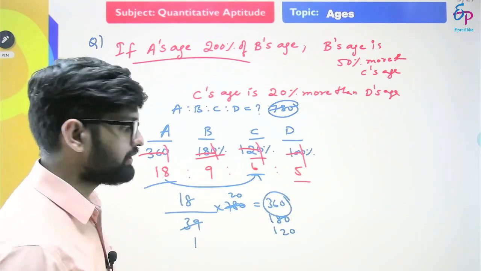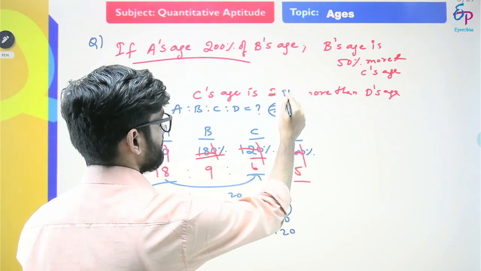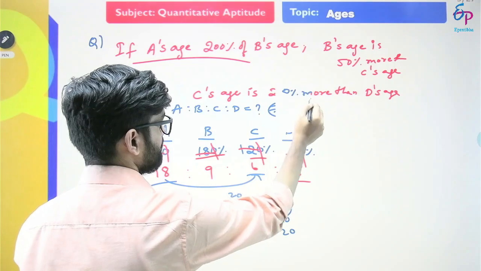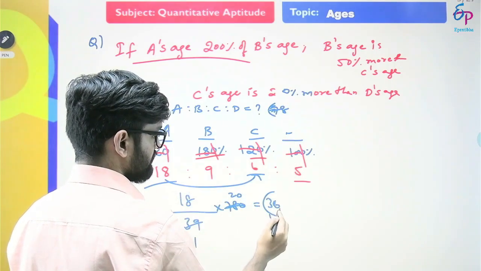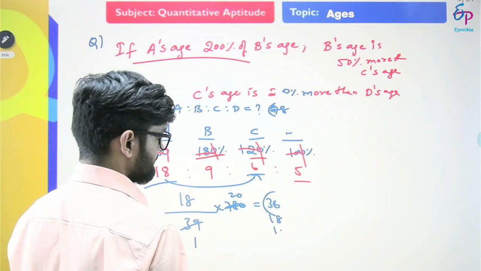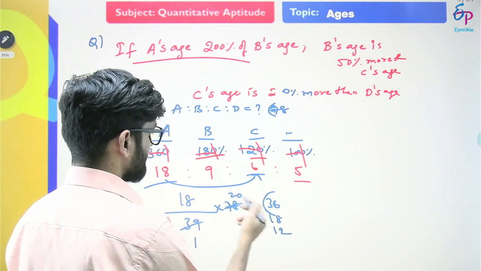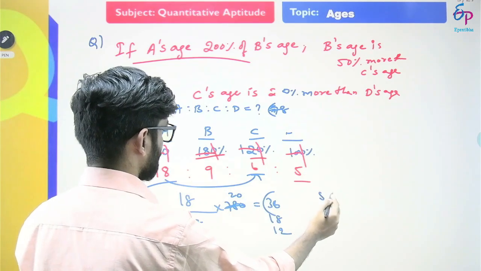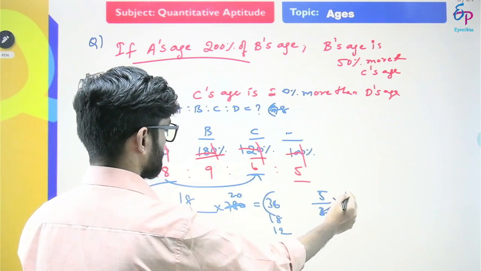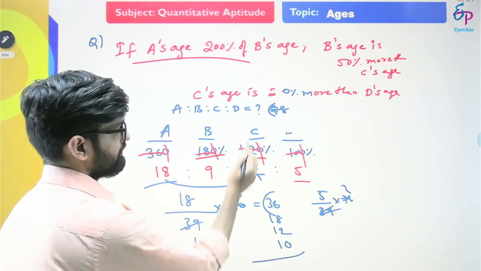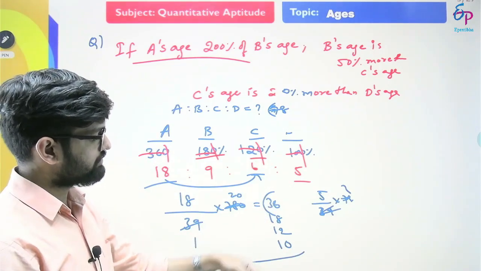I should have given it as 78, it is more believable. Okay, let me take it as 78 only. This is 20% more. Suppose the total is 78, then this is 36 years, this is 18, and 1/3 means this is 12. This is 5 by 39 into 78, so this is 10 years. Total, how much do you have to get? 78 years. Whether we are getting or not, see here. This is 6.